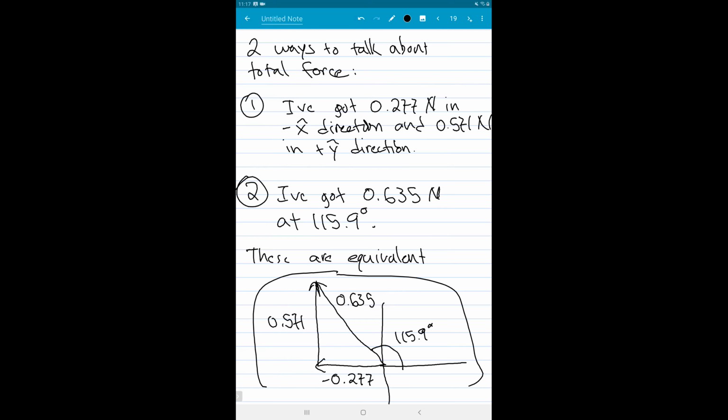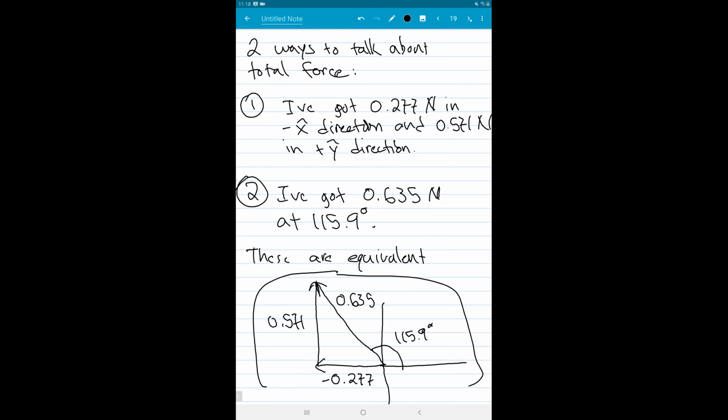I'm curious to know if that force, 0.635 newtons, would be going up northwest, kind of, instead of the opposite way, headed southeast.